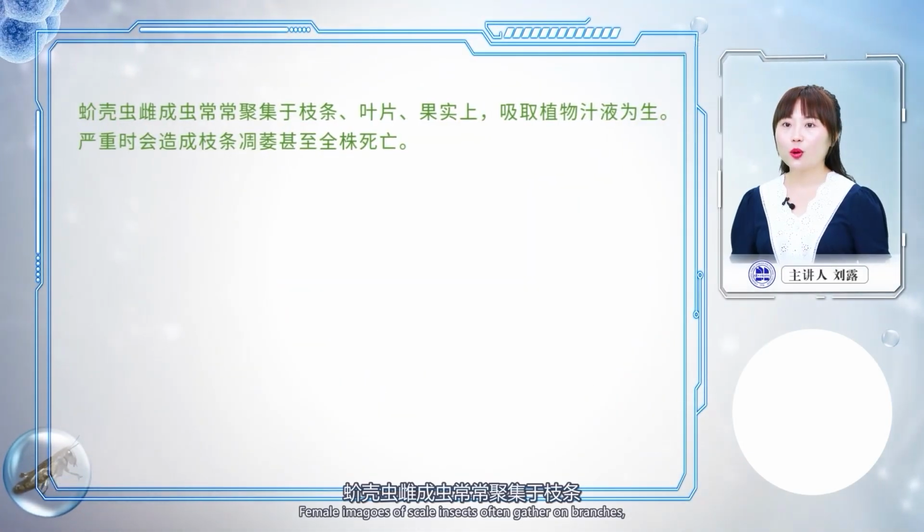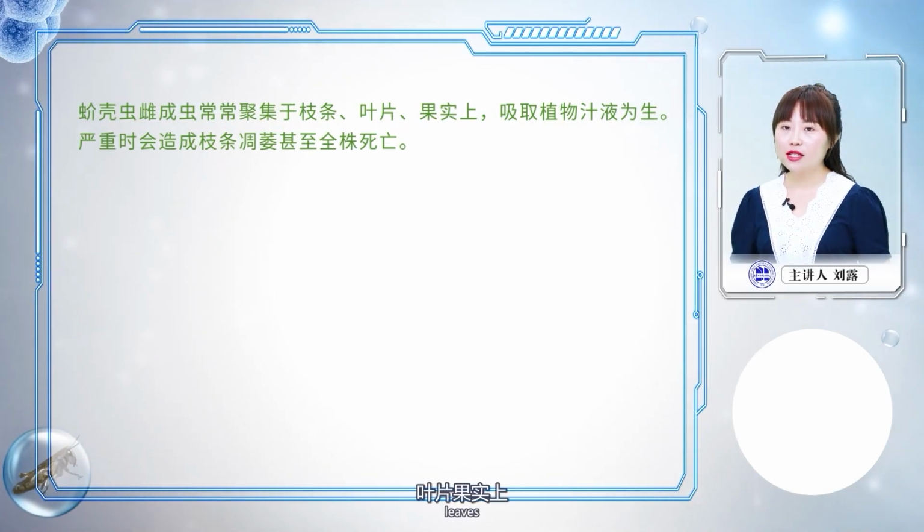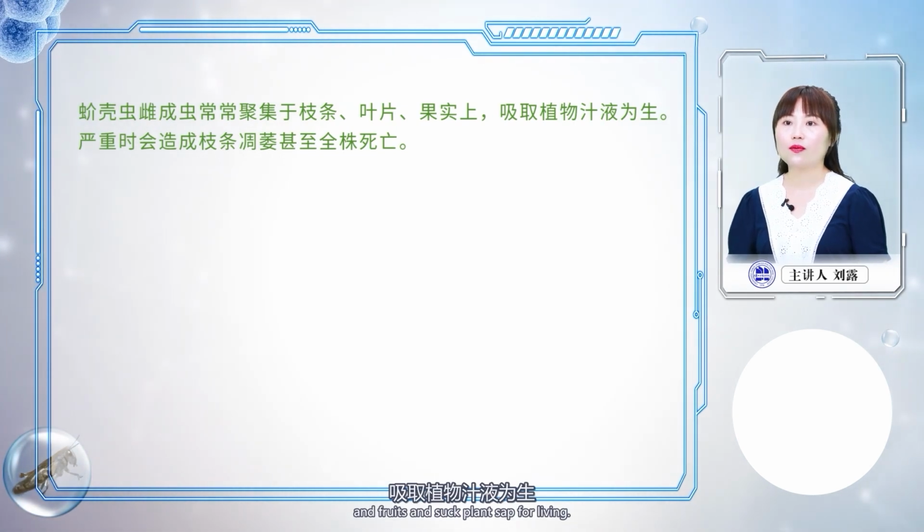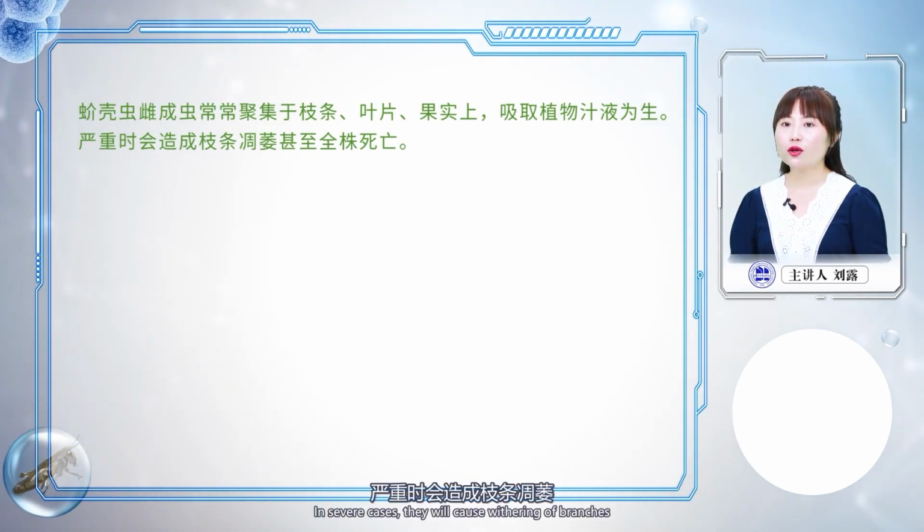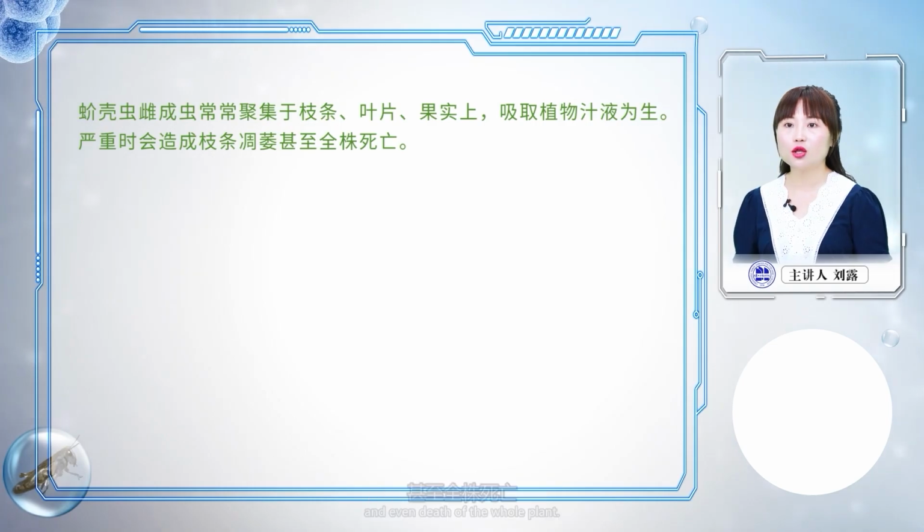Female imagos of scale insects often gather on branches, leaves, and fruits, and suck plant sap for living. In severe cases, they will cause withering of branches and even death of the whole plant.